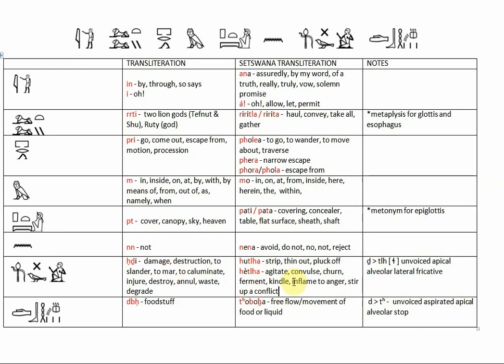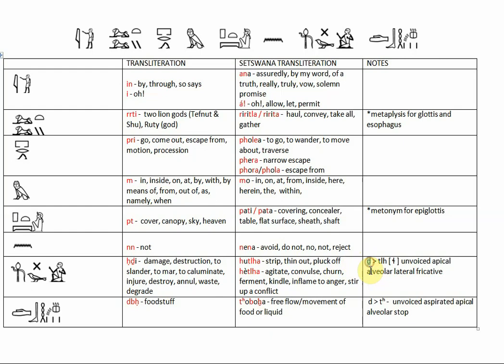Degradation can be ferment, or can be to thin out or pluck off or to strip. That in itself can be degradation. Calumniate, to inflame, to anger or to stir up a conflict. So what's the difference?